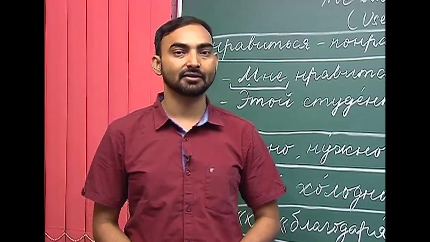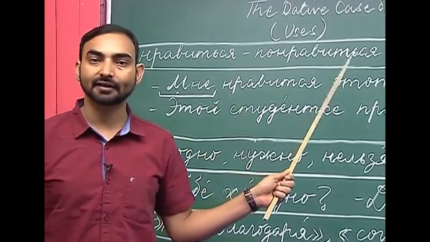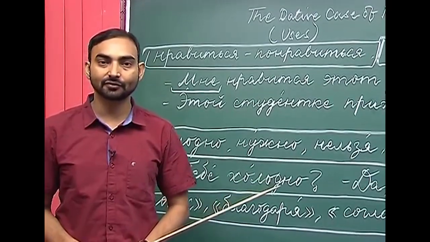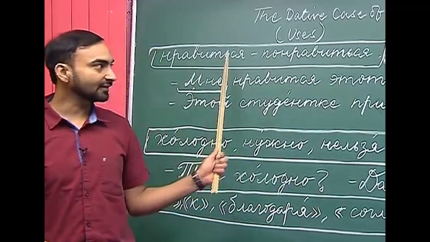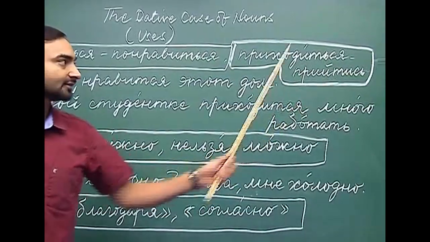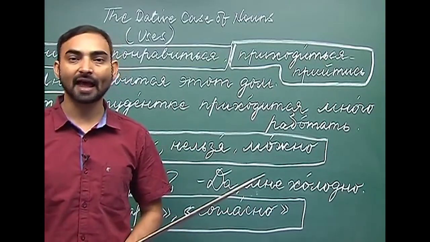For example, we have done this verb before, nravitsa, which is the synonym of the verb lubit. Lubit is to like. So, nravitsa, prikhajitsa and prichis. Prikhajitsa, prichis, it means one has to.